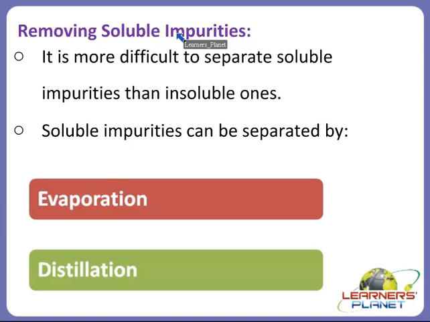As you know, children, it is more difficult to separate soluble impurities than the insoluble ones. Why? We will study and come to know that soluble impurities can be separated by which processes? Evaporation and distillation, right? So let us start with the first process known as evaporation.